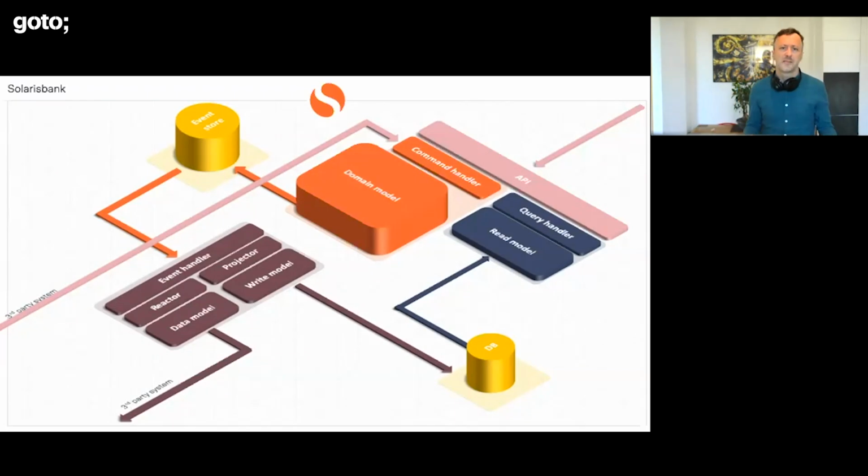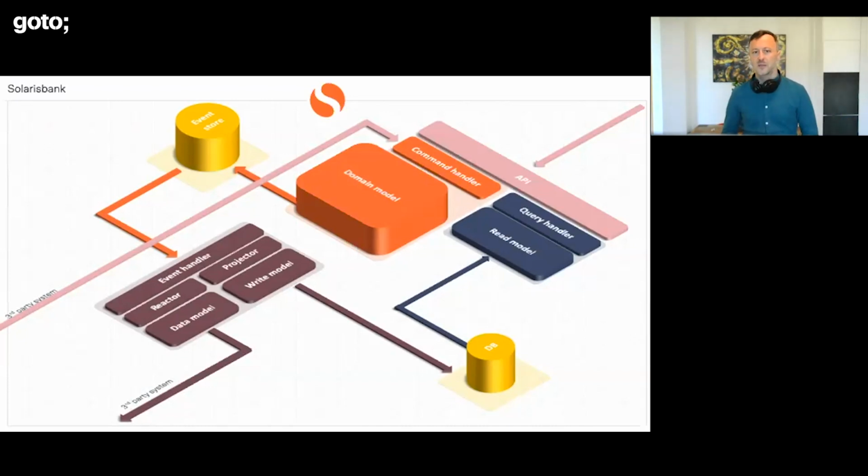These are commands. These commands would then be executed against the domain model, and then we would determine whether the event produced by it can or cannot fit. If it cannot fit, we would return an error. If it can, we would persist this event.